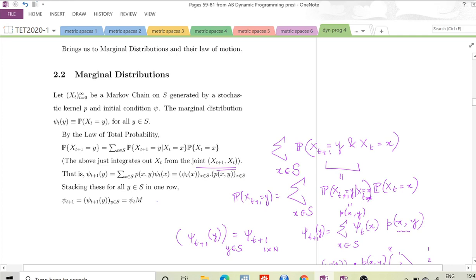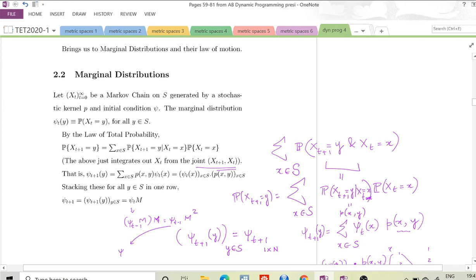So once I have this, that ct plus 1 is equal to ct times m. Similarly, ct is equal to, just by recursion, ct minus 1 times m. So this whole thing is ct minus 1 times m squared, where this is just the matrix m into m, right?